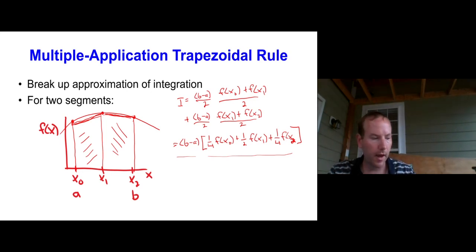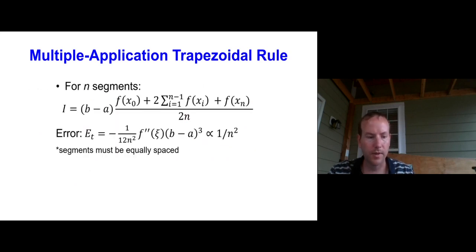So now let's look at how it expands to even more segments. For n segments, meaning the little intervals, it's given by this equation right here, where we still have the width, but we've got a more complicated equation for the average height of our function.